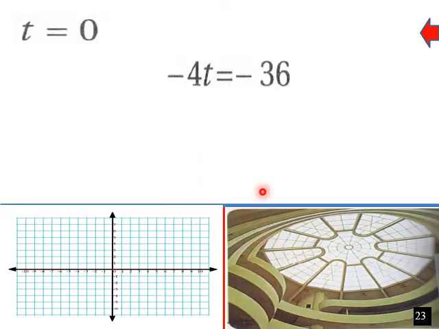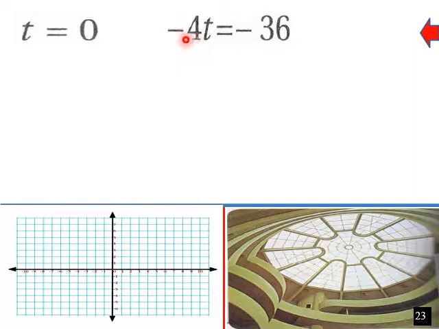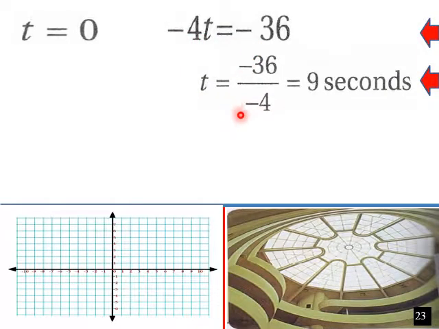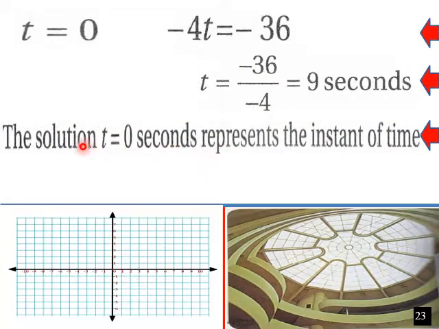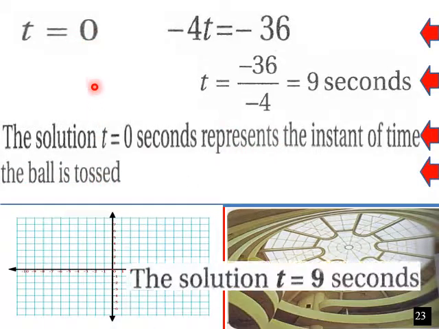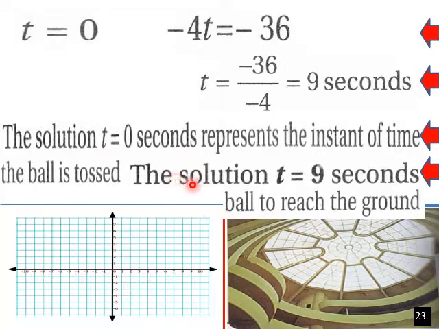So t equals 0. Negative 4t equals negative 36. So t in this situation here will equal 9 seconds. So the solution t equals 0 represents the instant of time the ball is tossed at 0 time. The solution t equals 9 seconds is how much time it takes for the ball to fall back to the ground.